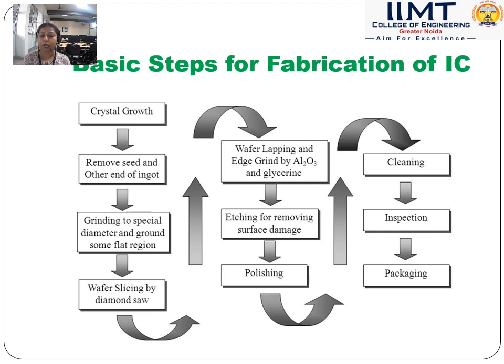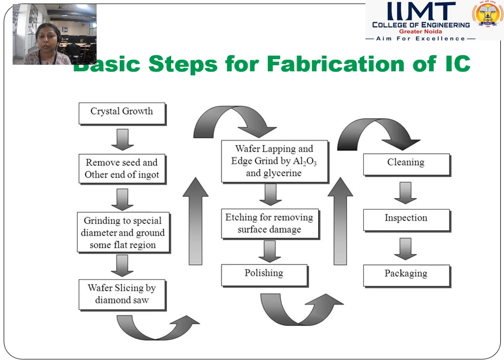The cylindrical structure obtained is known as the silicon ingot. It is ground to a specific diameter and some flat regions are ground. After that, we slice the ingot using a diamond saw.